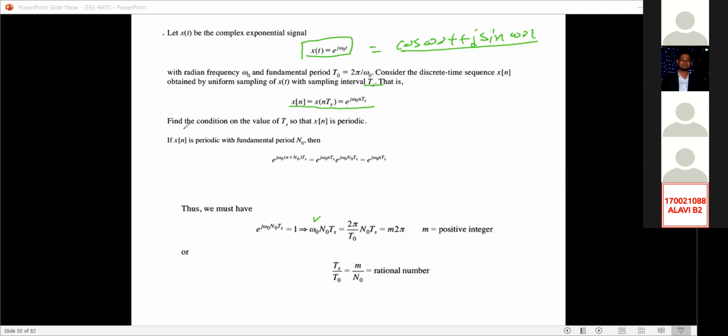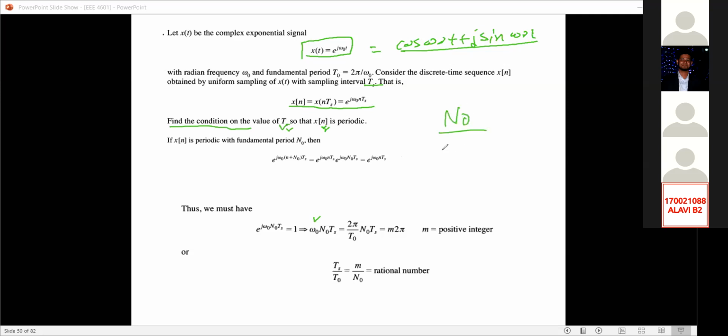Now we have to find the condition on Ts that will make x[n] periodic. Not every sampling time can make your signal periodic. Because this signal is discrete, if it is periodic, it will repeat after N0 samples.